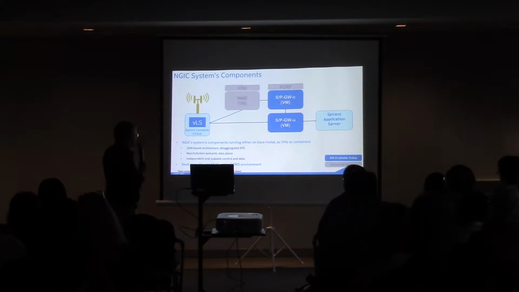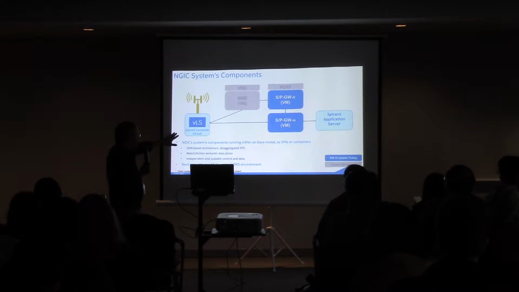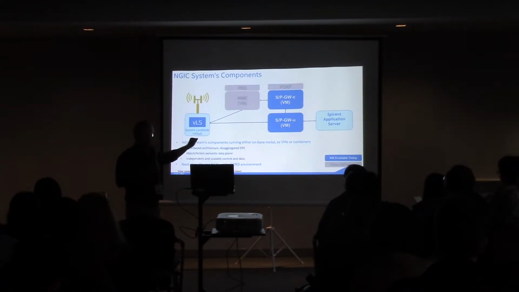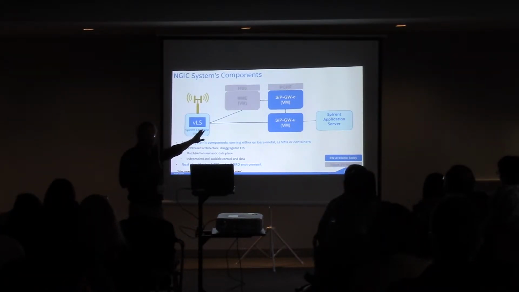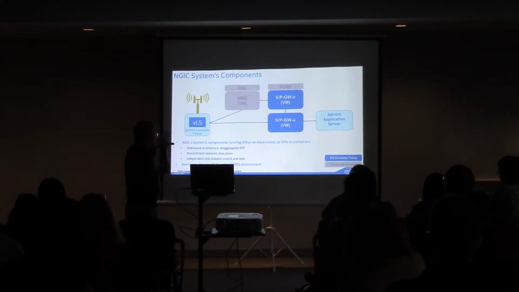And as I mentioned, we had this independent and scalable control and data. So in dark blue, these are the components which are available today on the Cord repository. Light gray, these are the components which will be coming in the next few months. As a RAN, we have been using multiple RAN emulators.